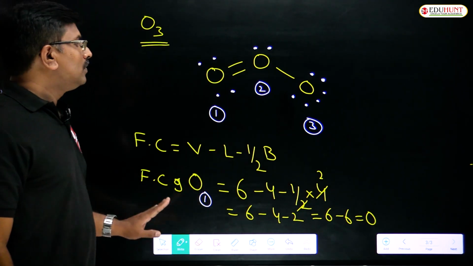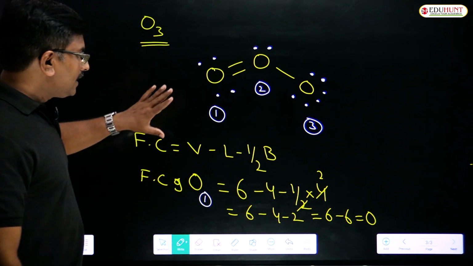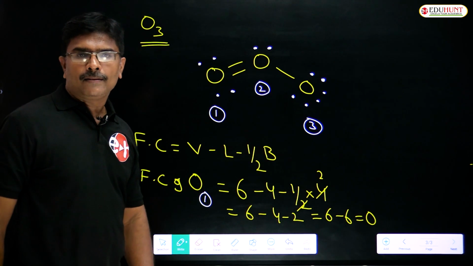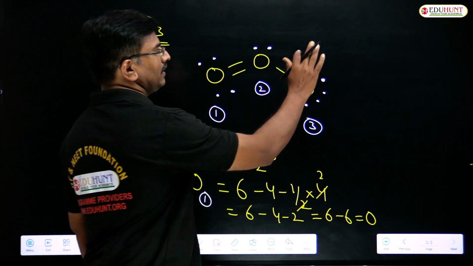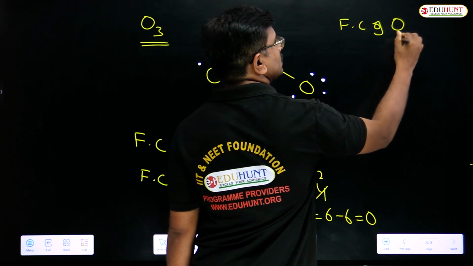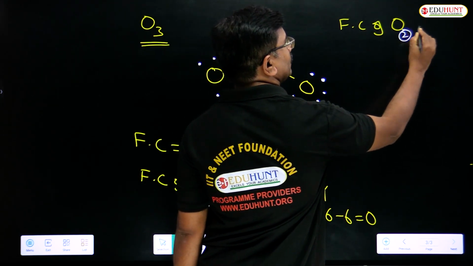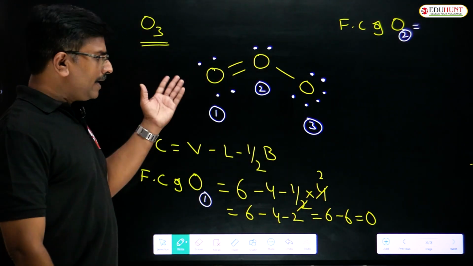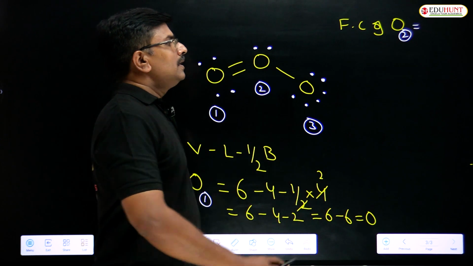Now let us consider the second oxygen's formal charge calculation. I am doing here the formal charge of oxygen 2 is equal to, same procedure.